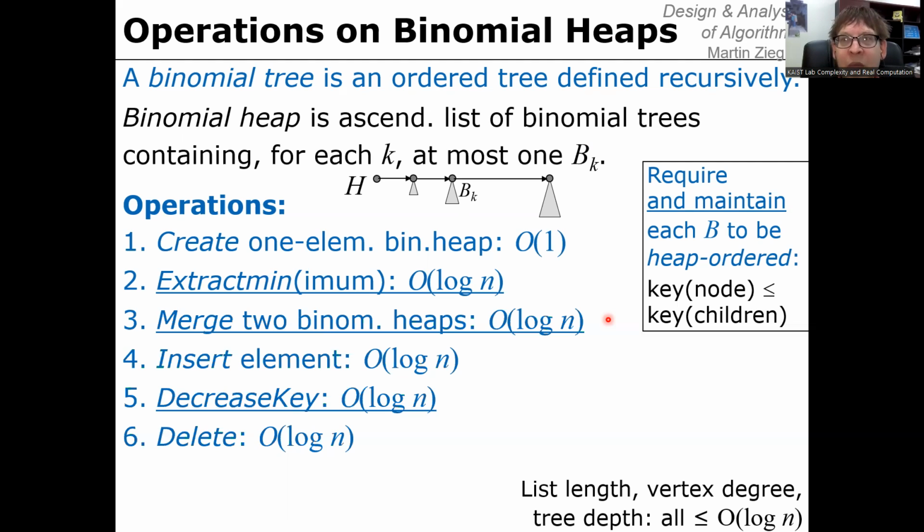And how can we obtain such a pointer as a user who wants to use a binomial heap? Well, when we insert an element, the fourth operation, then the binomial heap data type will return a pointer, a handle to that node, which will remain valid throughout the entire operation.